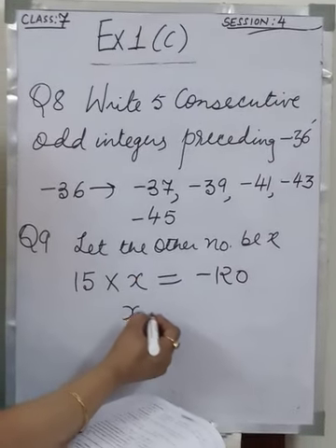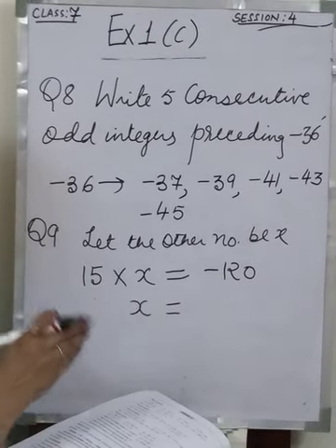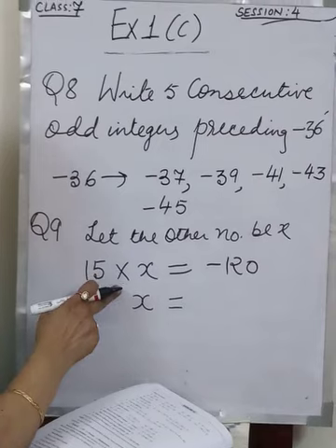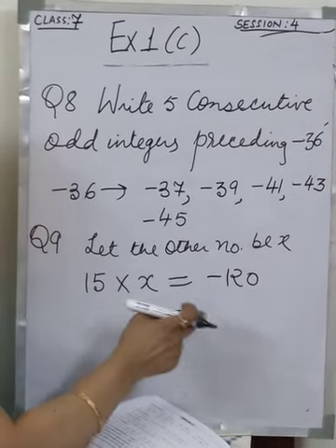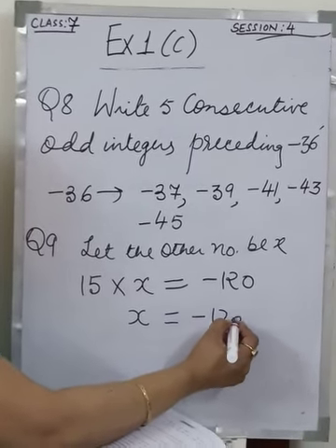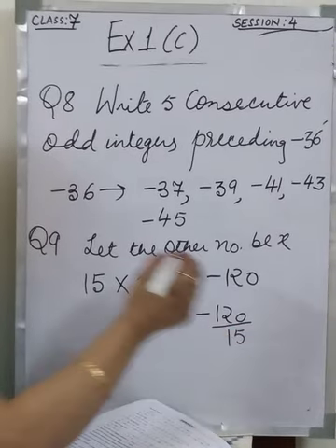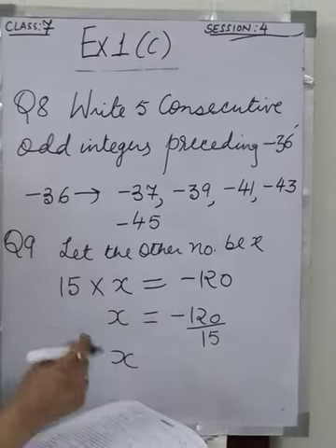Whenever we are looking for the value of x, we transpose the remaining numbers to the other side. So 15 and x has a multiplication sign in between. When we transpose 15 to the other side, it becomes division. So it becomes minus 120 upon 15. Now do they have the same sign or different sign?